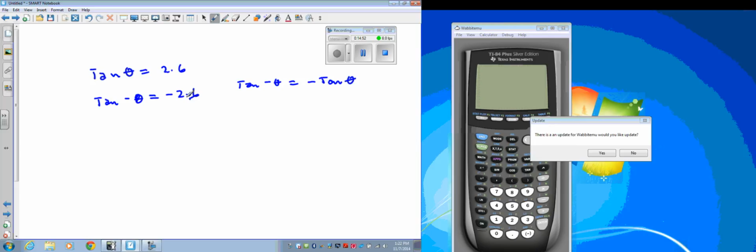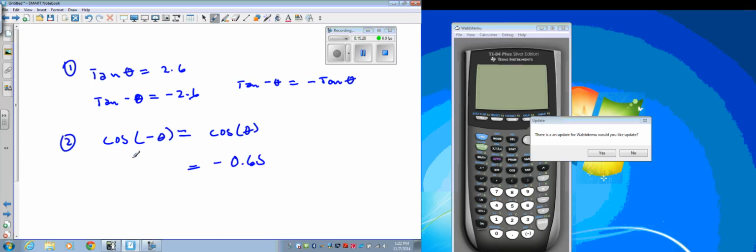So does that make number 2 positive 0.65? No, because this is number one. What is the identity for 2? The cosine of negative theta is equal to what? Just cosine of the positive theta. No change in it, right? So if cosine theta equals negative 0.65, then this one has to be the same, right?